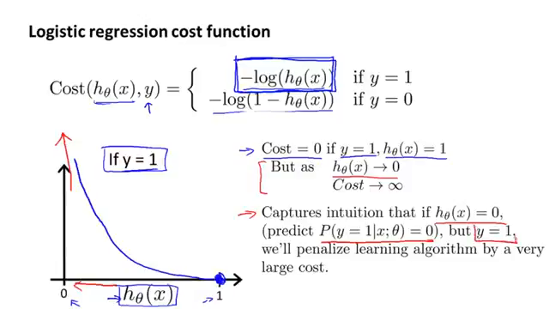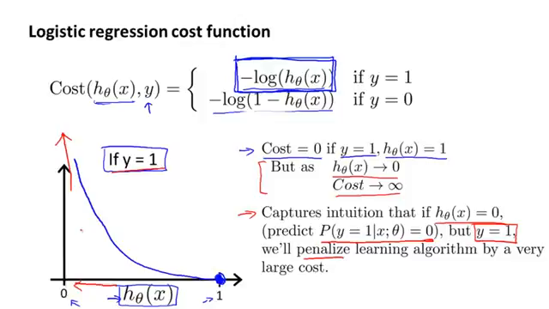But if it turns out that the patient's tumor actually is malignant, so if y is equal to 1, even after we told them that it's absolutely impossible for it to be malignant, then if we told them this with that level of certainty and we turn out to be wrong, we penalize the learning algorithm by a very, very large cost. And that's captured by having this cost go to infinity if y equals 1 and h of x approaches 0.